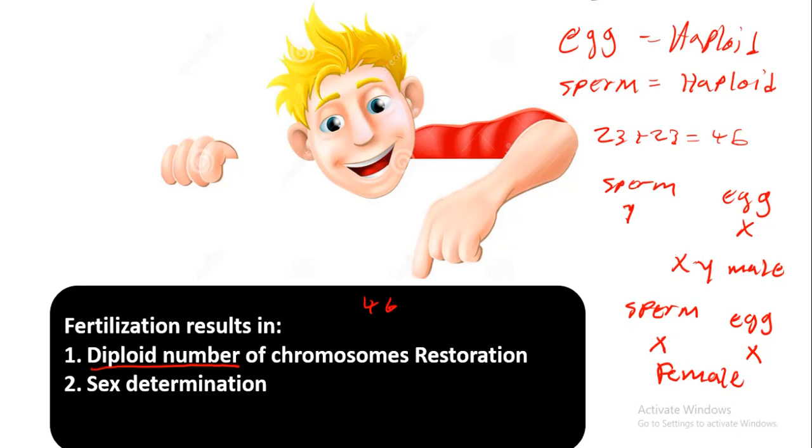So fertilization is the one which determines the nature of what? Of the baby. Now, yes, the diploid number has been formed, the sex has been determined, but that doesn't mean that the process of fertilization has ended there. No. What happens next?